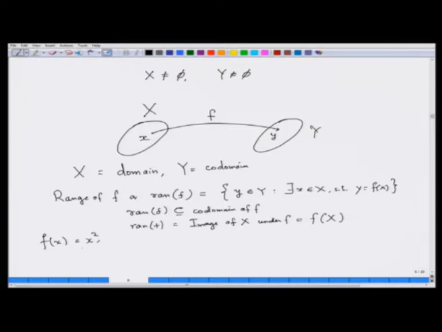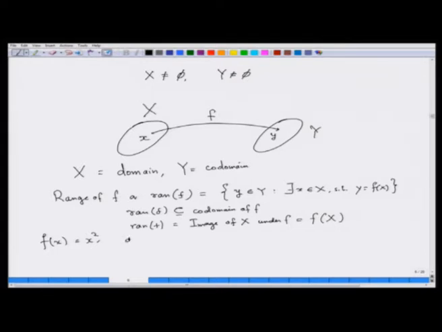Here the domain means, when I am talking about a domain, I have to operate this function f on each and every element of the domain. This is of fundamental importance, that each and every element of the domain has to be acted on by f. So, if I take f x equal to x square, I can square any real number.